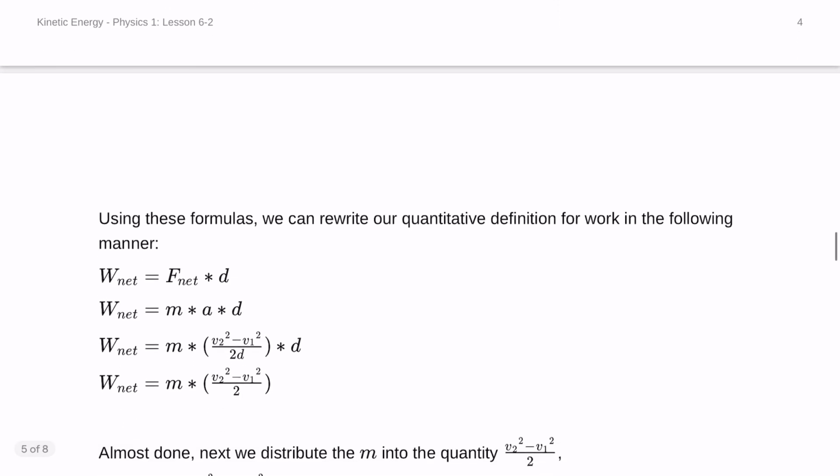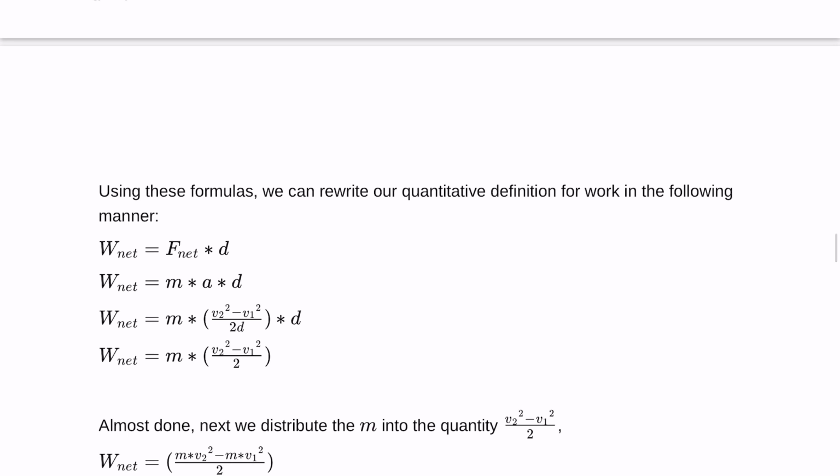All right, so using the formulas we just discussed, we're going to start with our quantitative definition of work. And then we're going to say that because Newton's second law is F equals ma, we're just going to plug ma in for force, which you'll see right here.